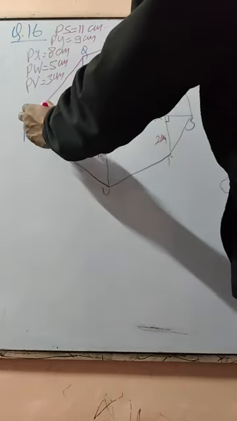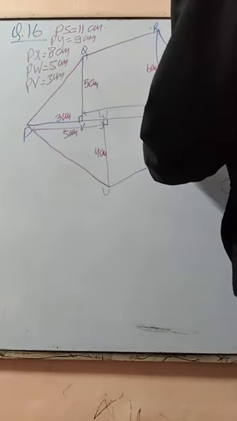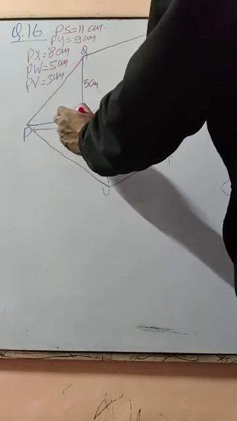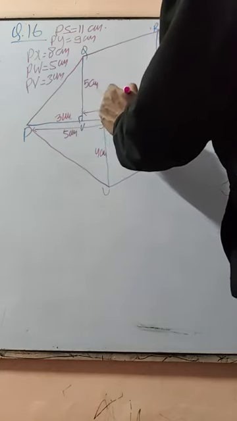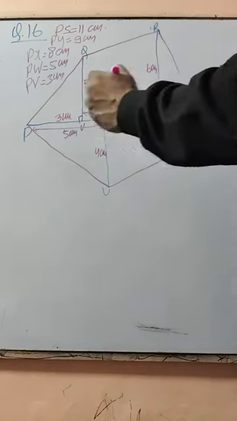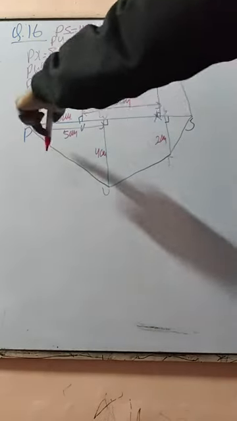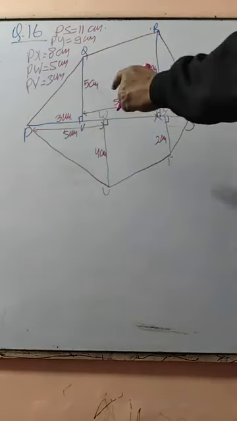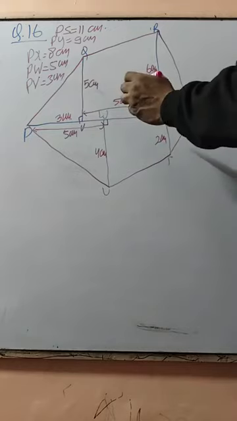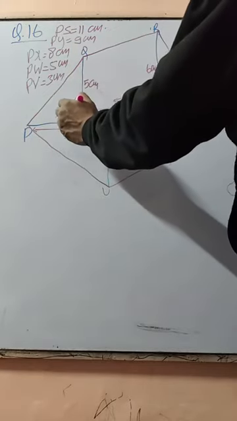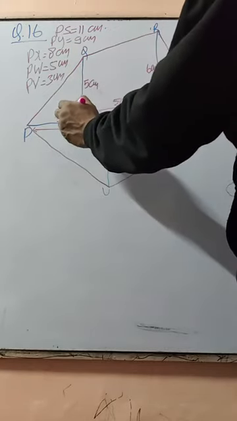Total P to X is 8 and this is 3, so 8 minus 3 becomes 5.